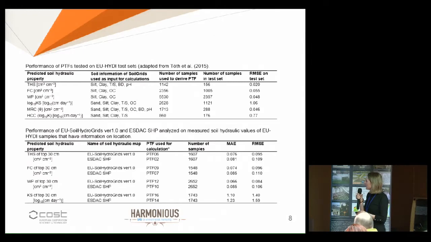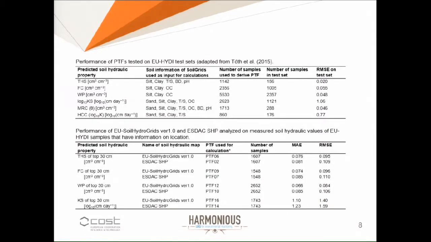And then we checked how good these predictions are, and it was very challenging. First, let's see the performance on the test set, which means that in the test set we had real measured soil properties, so these were accurate.